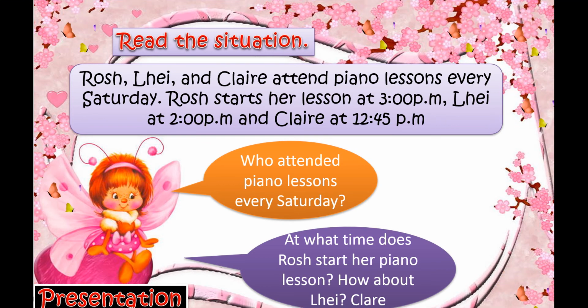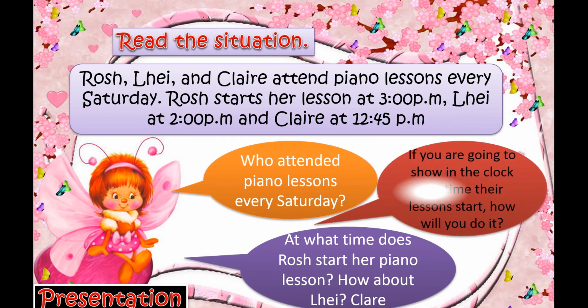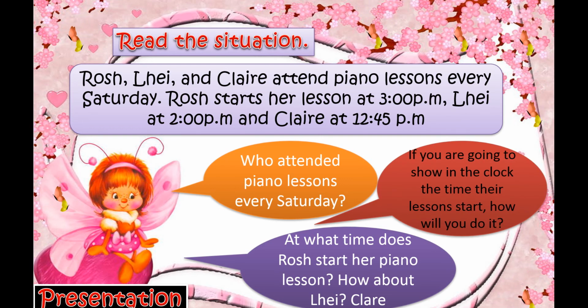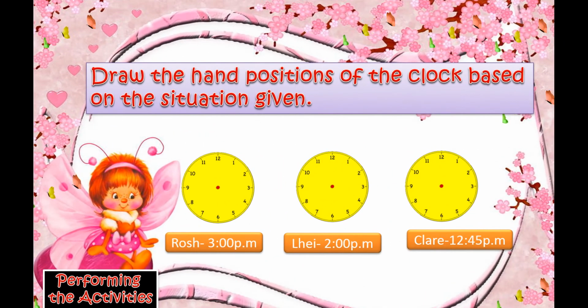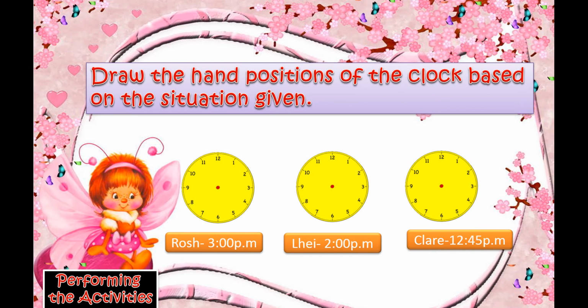So take note of the time. If you are going to show in the clock the time your lesson starts, how will you do it? So let us see. In your paper, draw the hand positions of the clock based on the situation given.